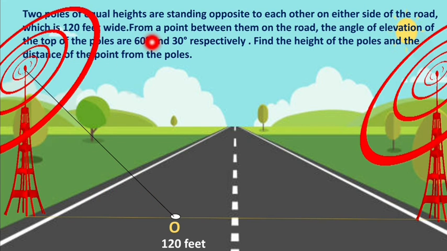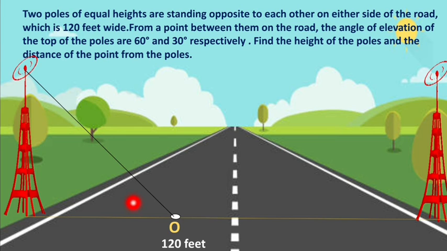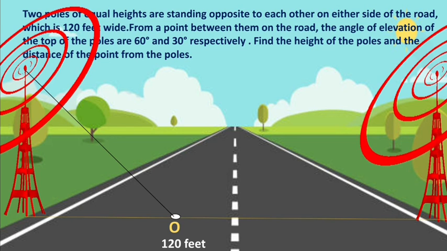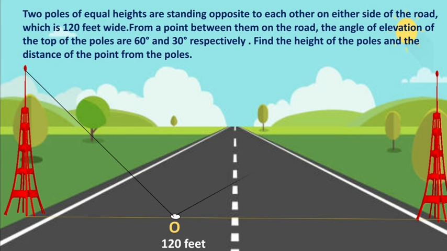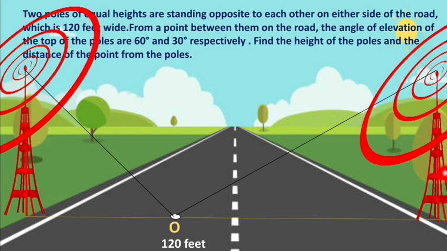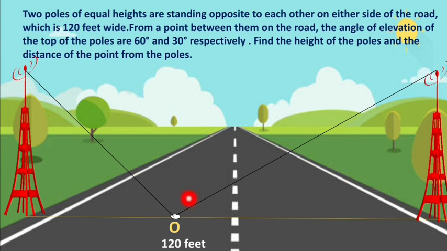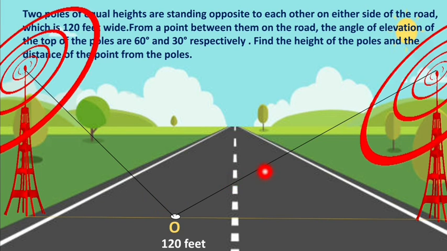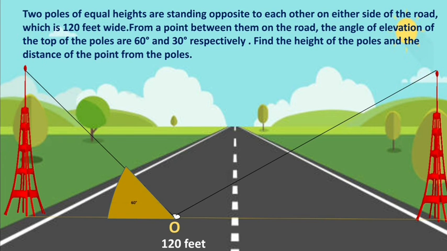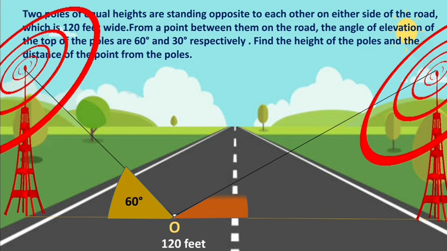So this 60 degrees angle we have to consider for this pole. This pole is far away from O, so here we get the angle 30 degrees.